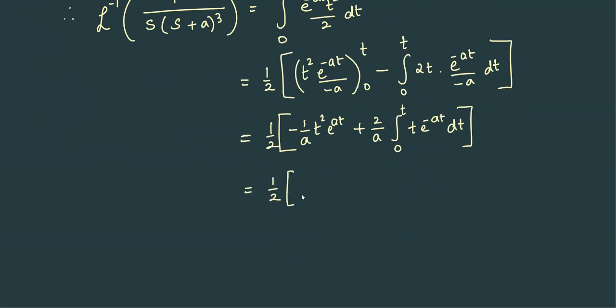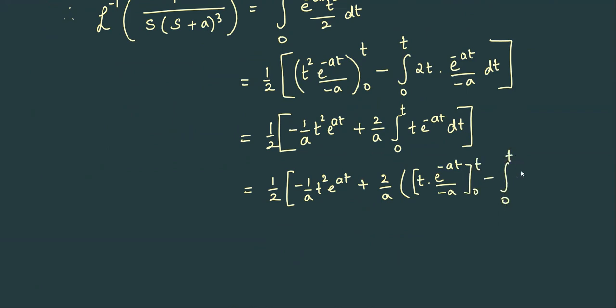So you get minus 1 by a t square e power minus at plus 2 by a, first function into integral of the second, minus integral of derivative of the first into integral of the second.